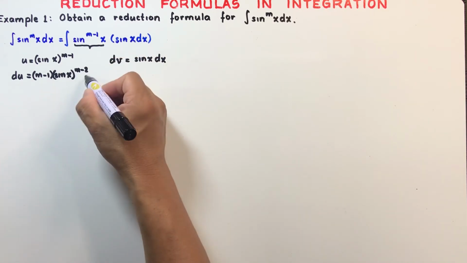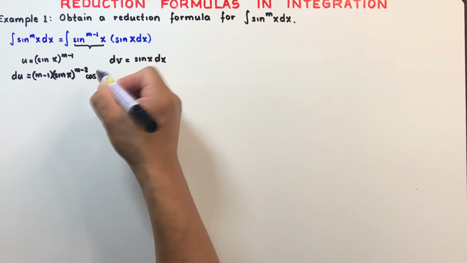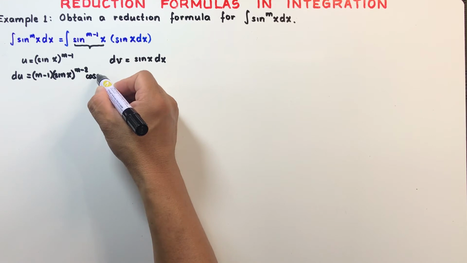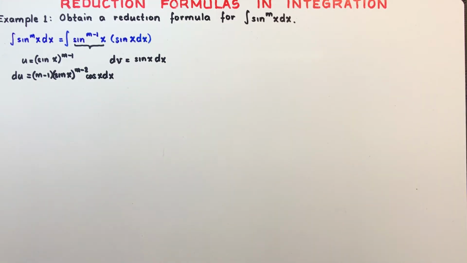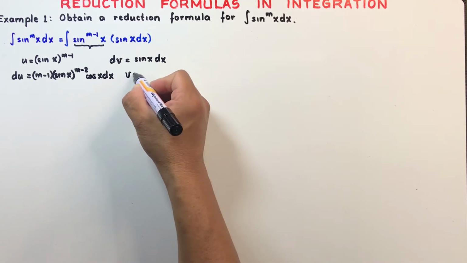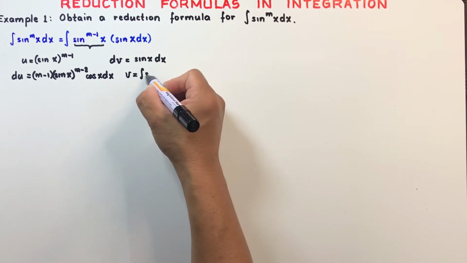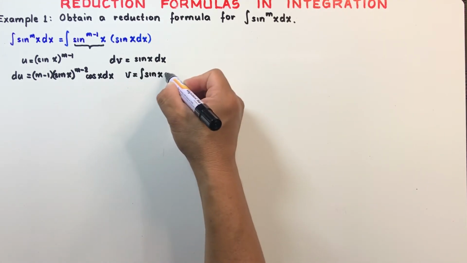And by the chain rule, we need to find the derivative of the base, which is sine x, as cosine x dx here. And then for our v, we need to integrate our sine x dx.